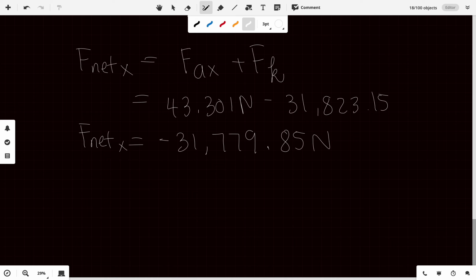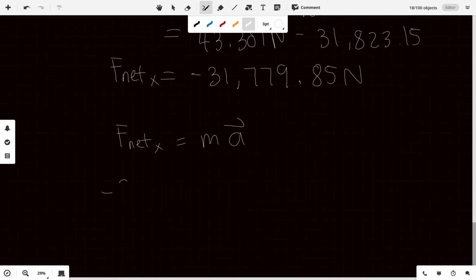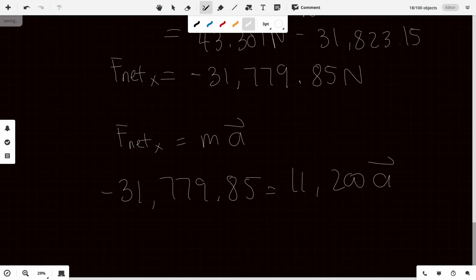Now that I have the Fnet x, I'm going to solve for the acceleration. Acceleration can be found by this equation: Fnet x is equal to mass times acceleration. I know the Fnet on the x-axis is minus 31,779.85. This is equal to 11,200 times acceleration.